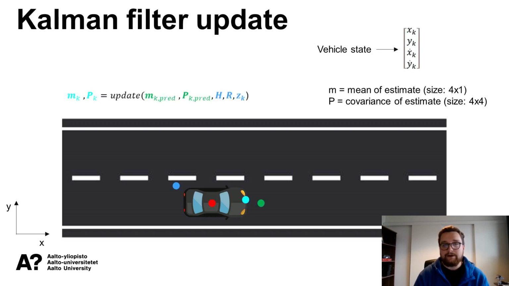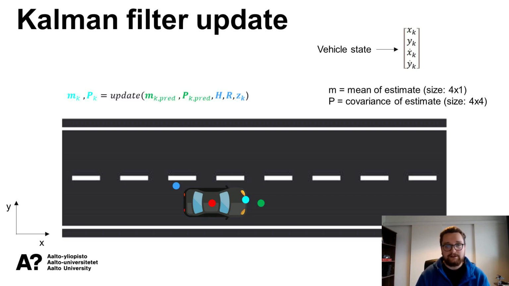In a similar representation as with the prediction step, the update step is just a bunch of matrix multiplications. We can think of it as a black box, something that libraries typically implement for you, so you don't have to worry about it. But if we look at what's going into the update, it's the mean and covariance of the vehicle state estimate that we got from the prediction step.